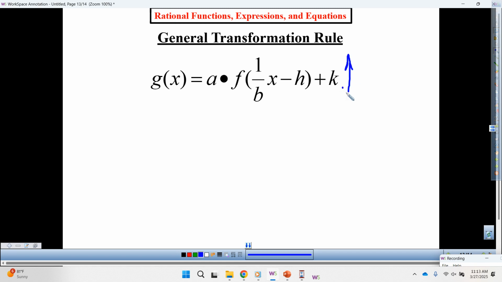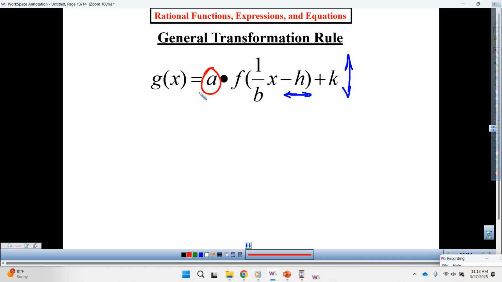Up and down, that is correct. What does h do to the function? Kelly, pass to someone. Mariah. Yeah, left or right. Side to side, that is correct. What does a do to the function, everyone?